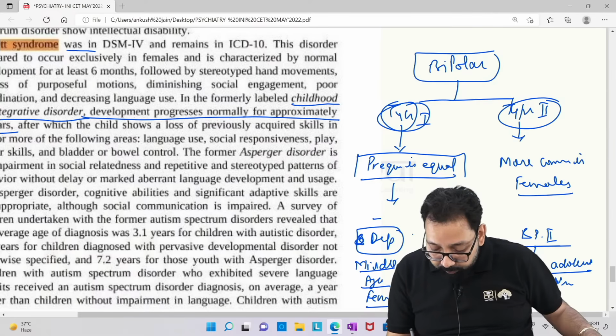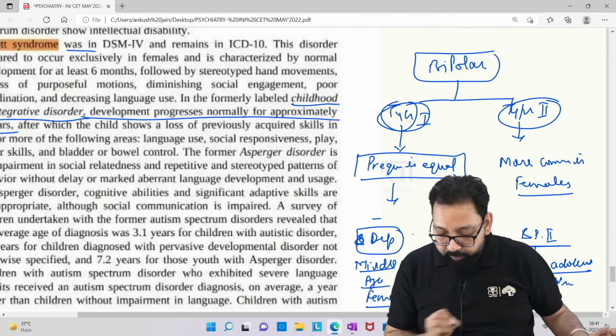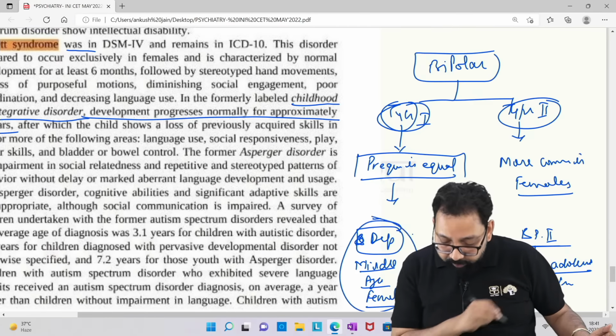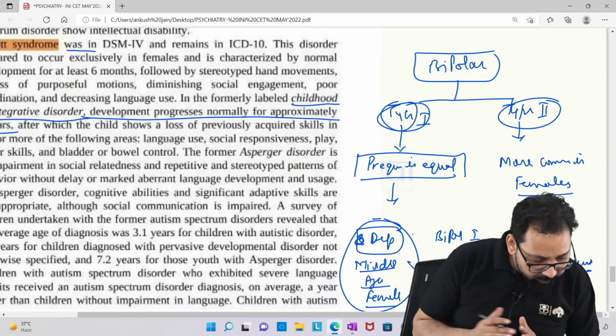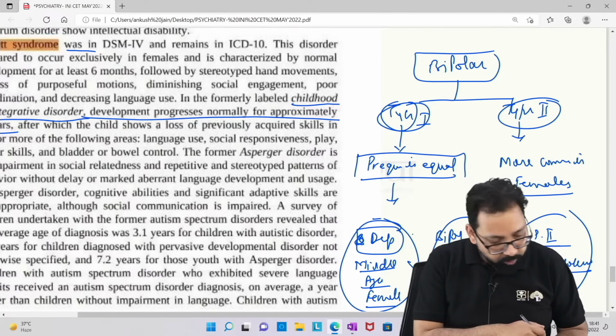It is a little bit late, means depression in the last, then bipolar 1, then bipolar 2.